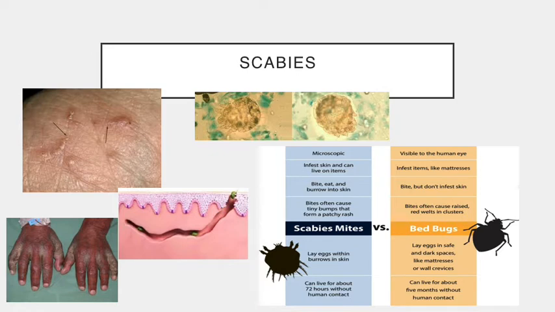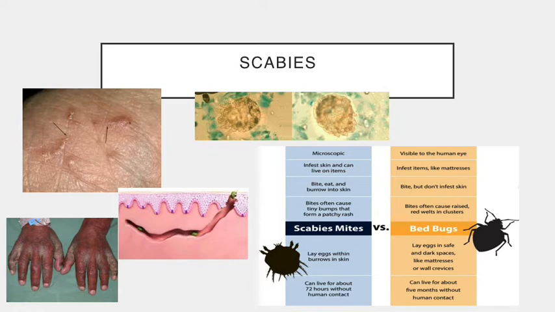So just because someone says, well, I haven't slept anywhere different or I haven't done anything different, they can still have scabies. So you have to look for that if they present with the very, very itchy rash, intensely itchy at night, definitely in areas of warmth like the crease of the elbow, for example, under the arm, in the groin area, and in the webs of the fingers. So again, vigilance and a good history.